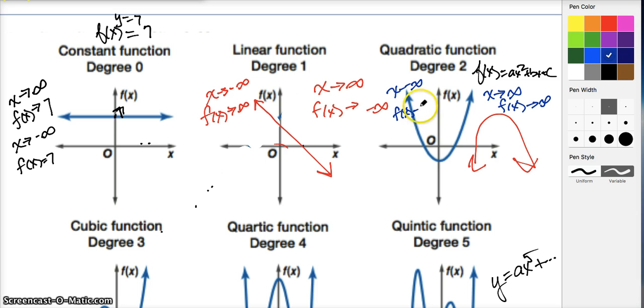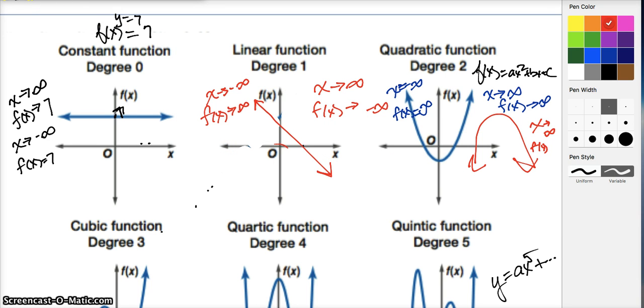This is looking pretty sloppy over here, but you get where I'm going. However, if I had this sad parabola, as x goes out to positive infinity, f of x is going down to negative infinity. So when we talk about end behavior, we're talking about what's happening overall, like when x gets super, super big, or super, super small and negative, okay?